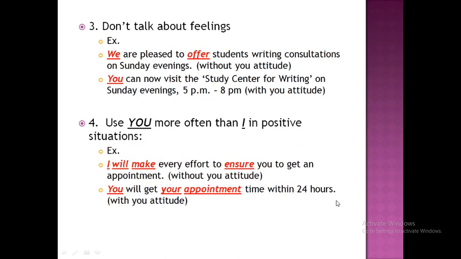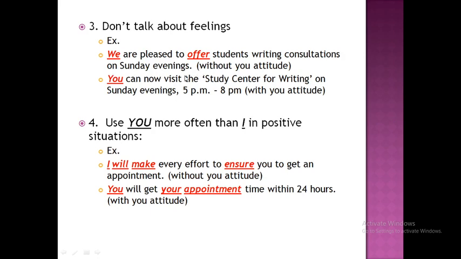The third point: don't talk about feelings. Feelings are not important. The thing which is important is you. With the help of an example, we will understand it. "We are pleased to offer students writing consultations on Sunday evening."